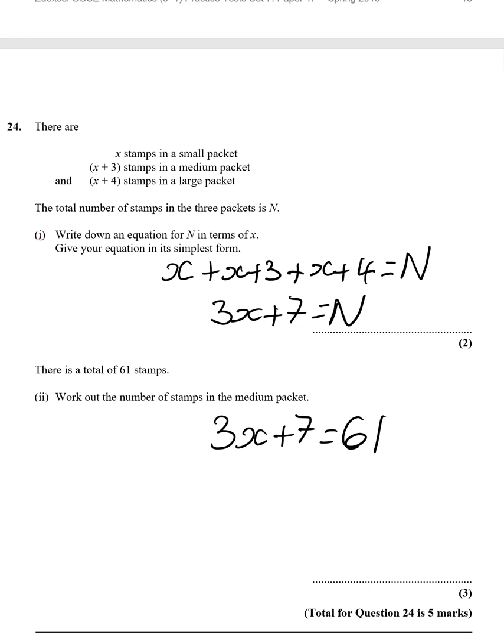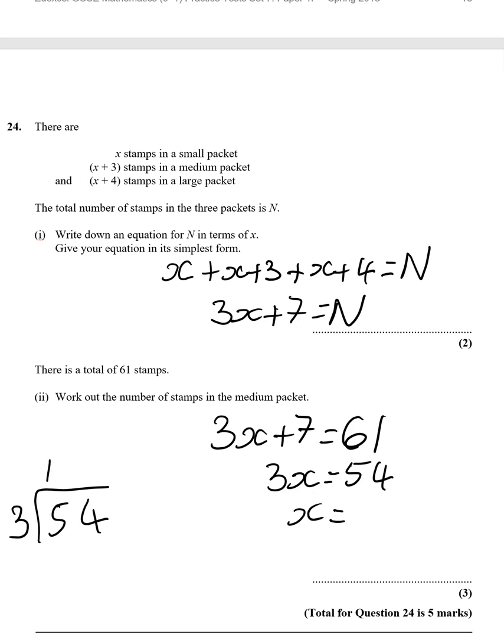So take away 7, which gives me 54. 54 divided by 3 is going to be, oh, I'm getting tired now, 54 divided by 3 goes in once, carry the 2, 3's into 24, gives you 18. So if we know x is 18, the medium packet is x plus 3, so actually 21 stamps.